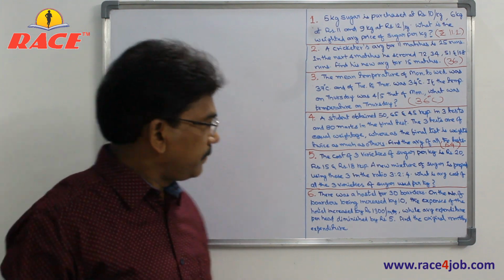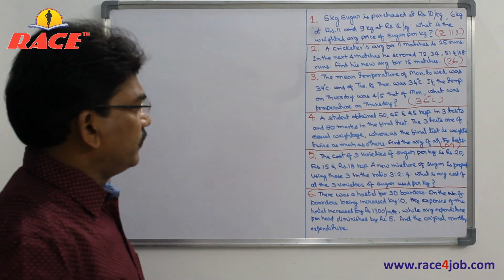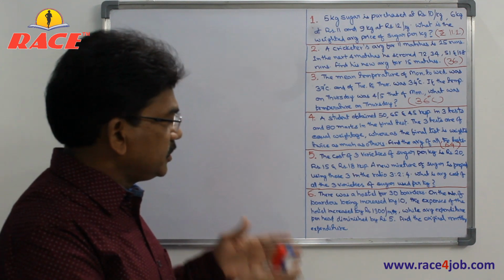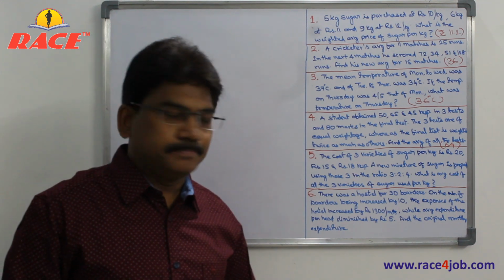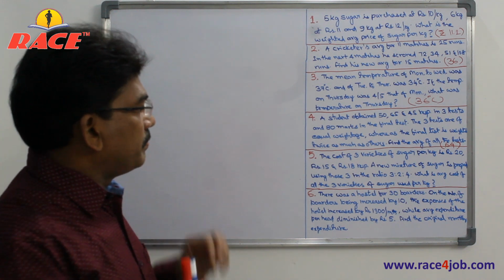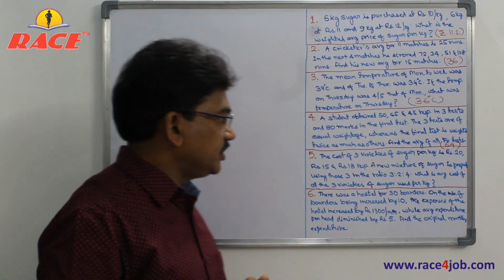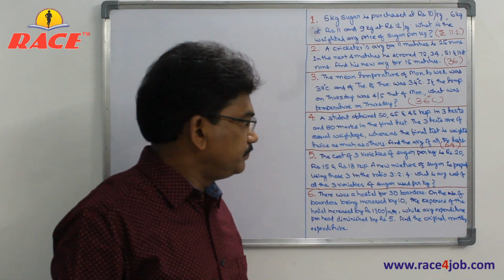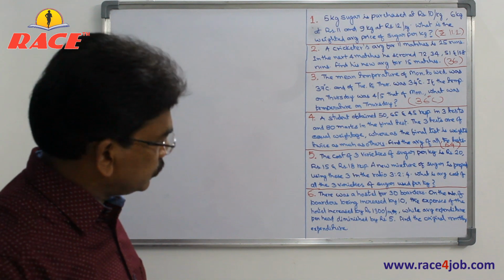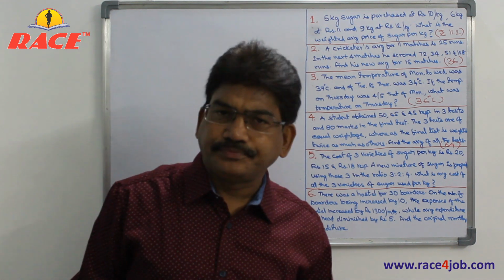Next one. The cost of 3 varieties of sugar per kg is 20 rupees, 15 rupees and 18 rupees. A new mixture of sugar is prepared using these 3 in the ratio 3:2:4. What is the average cost of all the 3 varieties of sugar used per kg?